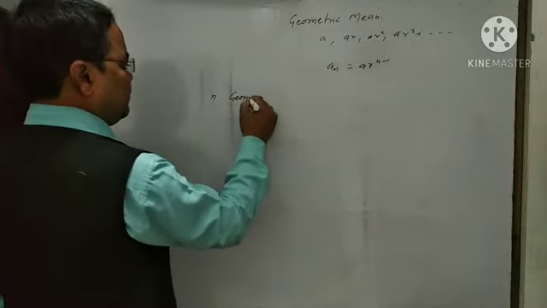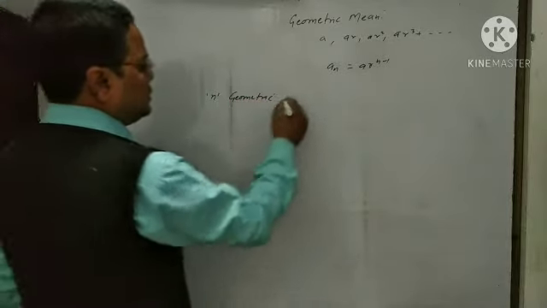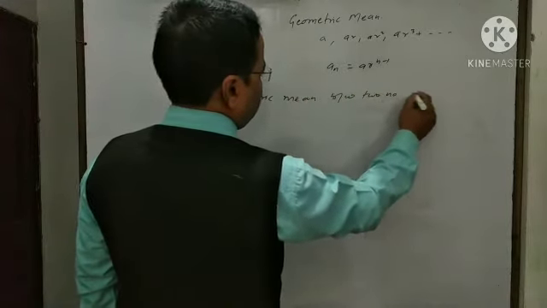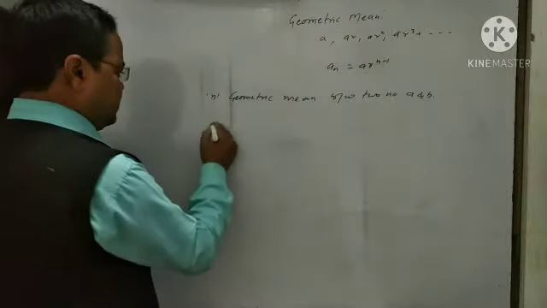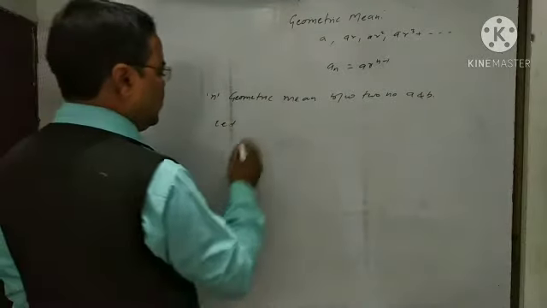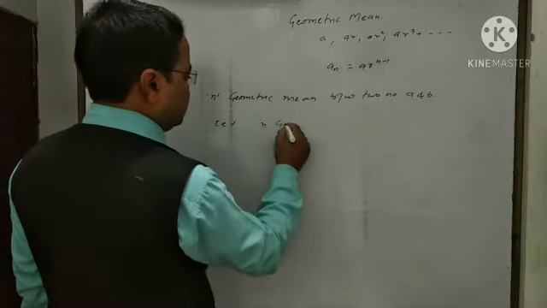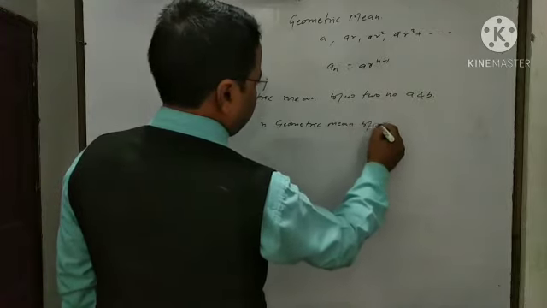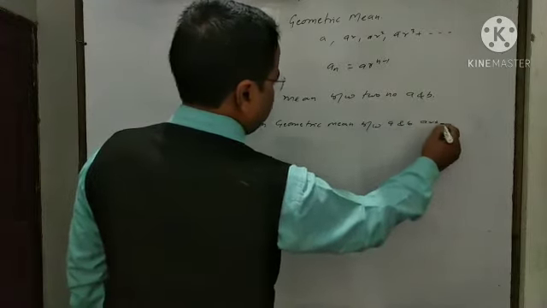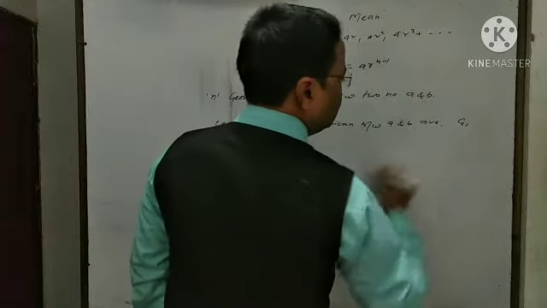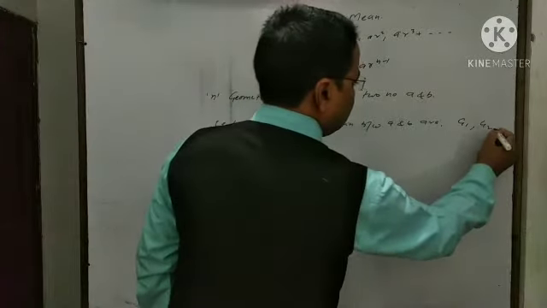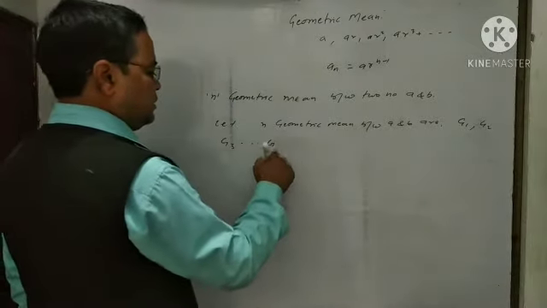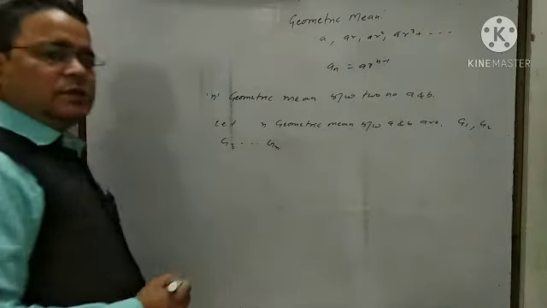Geometric means between two numbers a and b. Let n geometric means between a and b be, we just consider, g1 first geometric mean, g2 second geometric mean, g3 third geometric mean, and here this is gn, the nth geometric mean.